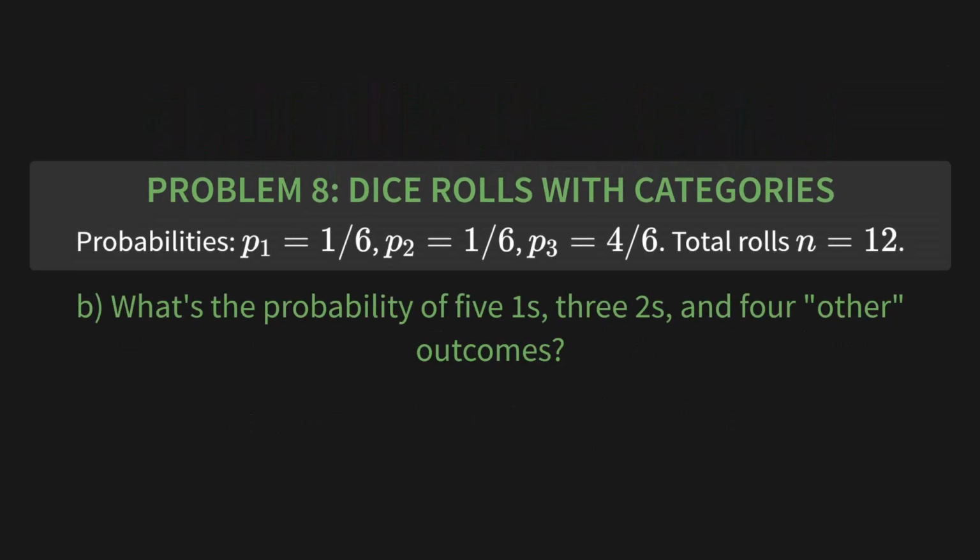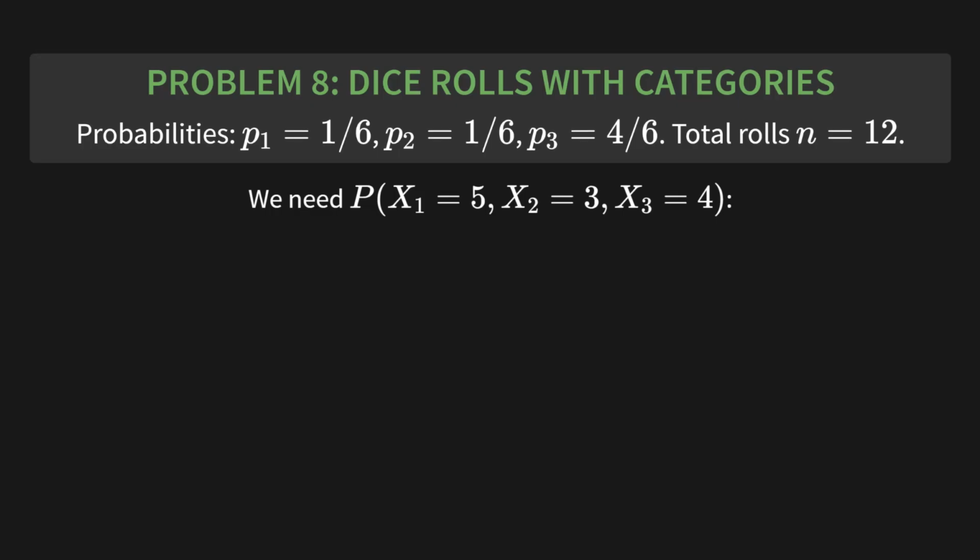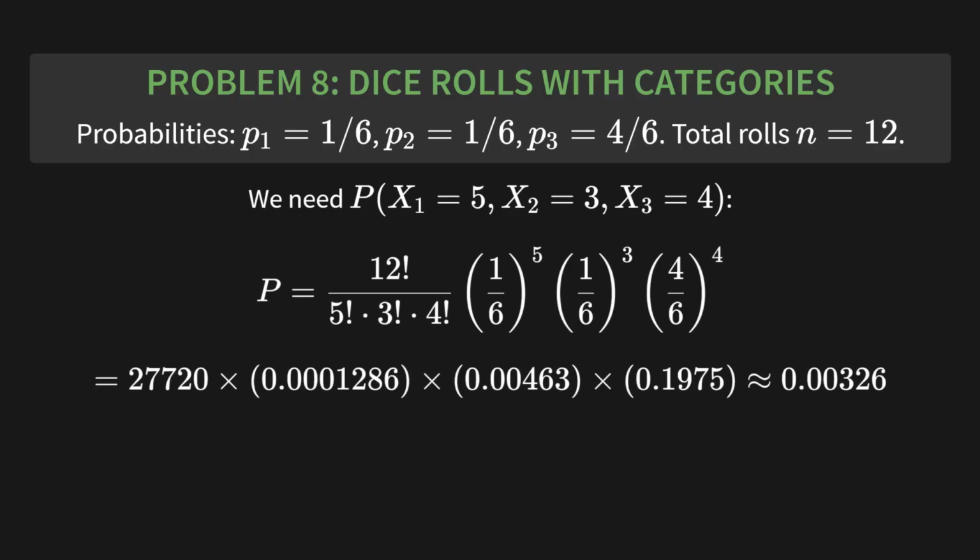Part B. With those probabilities and a total of n equals 12 rolls, what's the probability of getting 5 ones, 3 twos, and 4 other outcomes? Okay, we need to find the probability that x1 is 5, x2 is 3, and x3 is 4. Let's plug everything into that big formula. We have 12 factorial divided by 5 factorial times 3 factorial times 4 factorial.